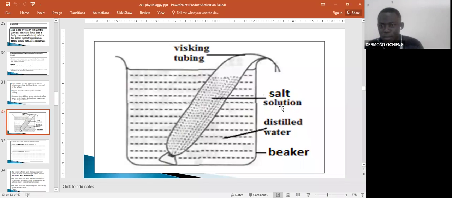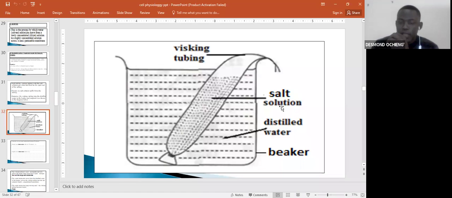Okay, Moses, I will mute you. So we expect that after 30 minutes, more water will move from the beaker and get into the visking tubing through the semi-permeable membrane of the visking tubing.